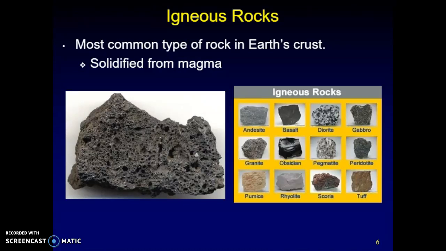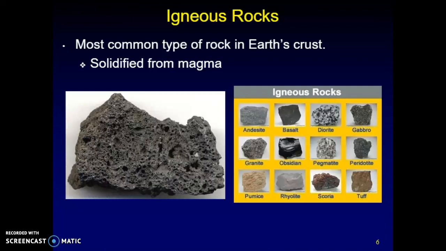Depending upon the type of pressure the igneous rock is formed under, it gives us different varieties: andesite, basalt, diorite, gabbro, obsidian, pumice, and so on. Don't worry about memorizing all those. If you take a geology course, you'll go through all that and learn why we have certain rock types in different parts of the world. For our purpose, we're just looking at the big rock types: igneous, metamorphic, and sedimentary.